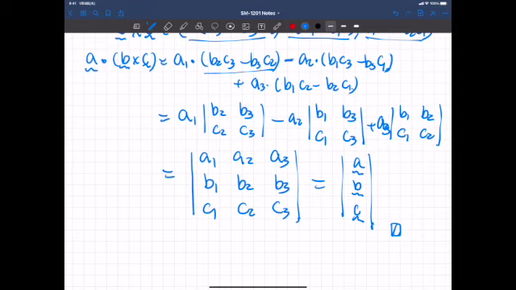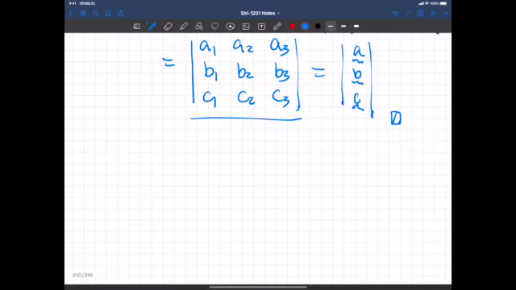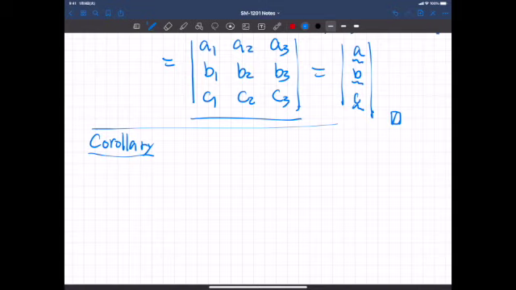Now, because we know that the triple product can be expressed as a determinant of a 3 by 3 matrix, we have the following nice corollary. By the way, corollary means a little theorem that can be easily derived from another theorem.